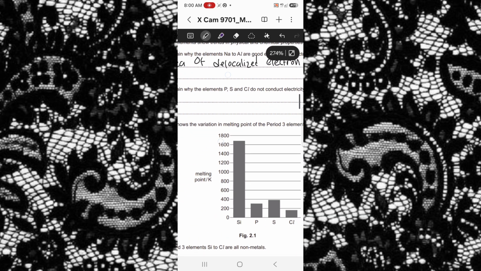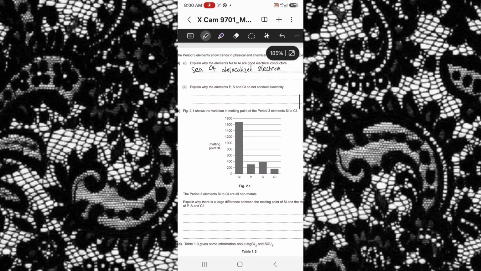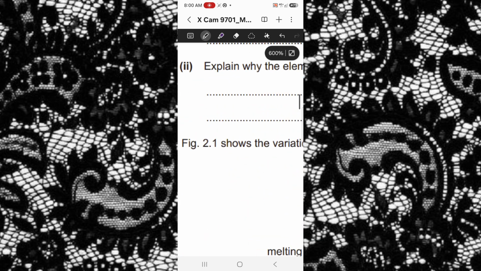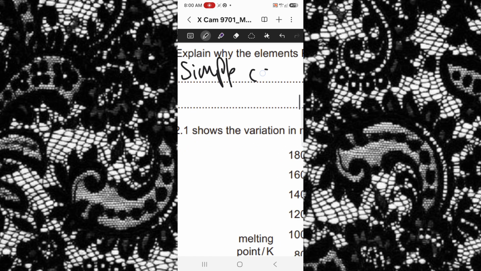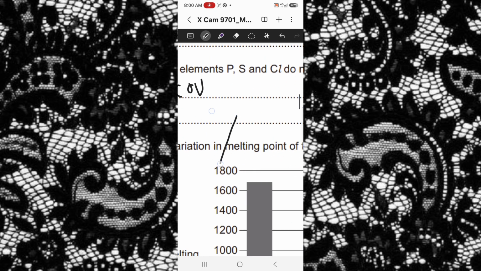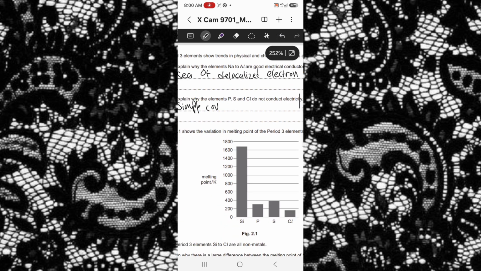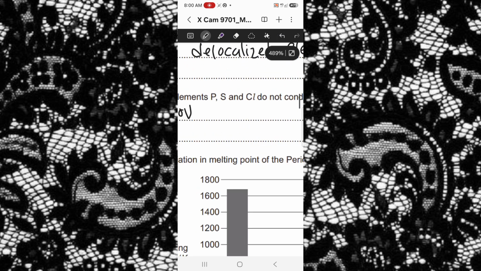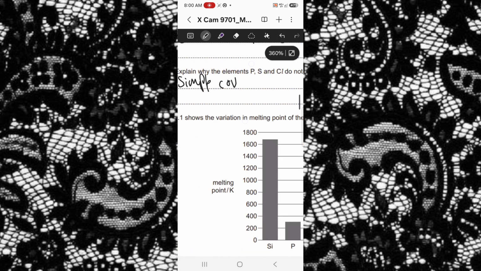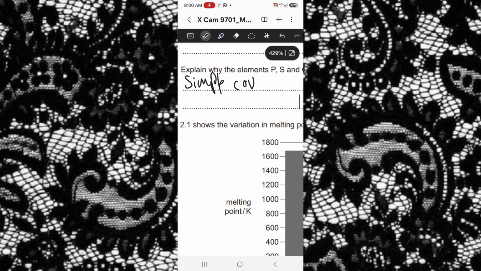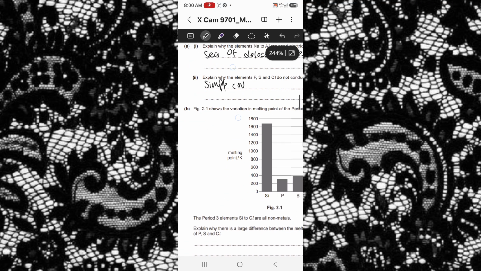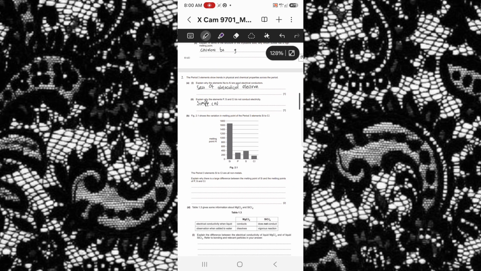And next, explain why the elements P, S, and Cl do not conduct electricity: because it's simple covalent. And remember, simple covalent doesn't have delocalized electron. So that's why the answer is because it's simple covalent.